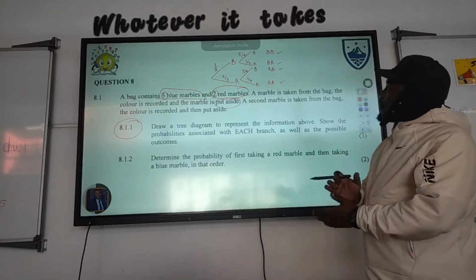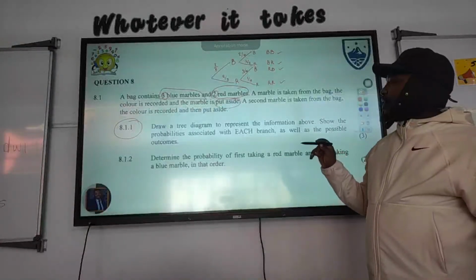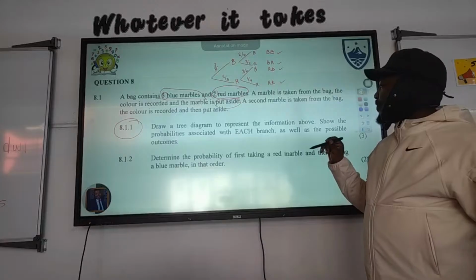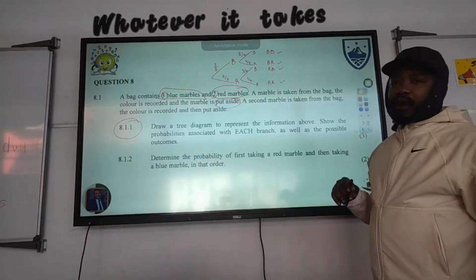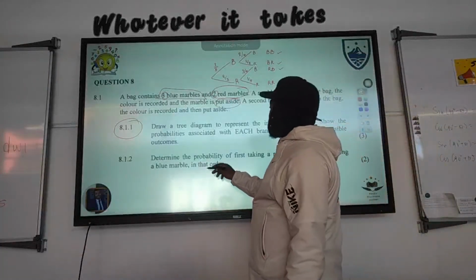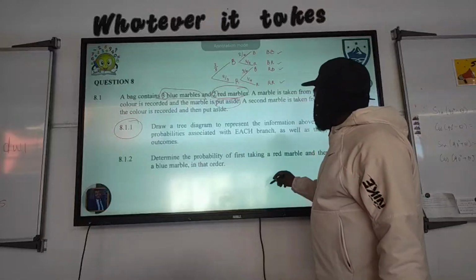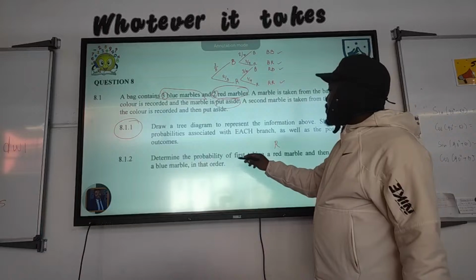And then the problem continues to say, determine the probability of first taking a red ball and then taking a blue marble in that order. So they are looking for first taking a red and then taking a blue marble.